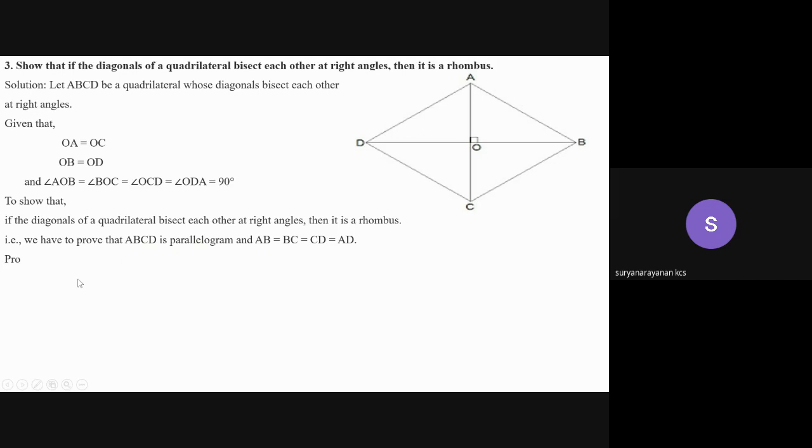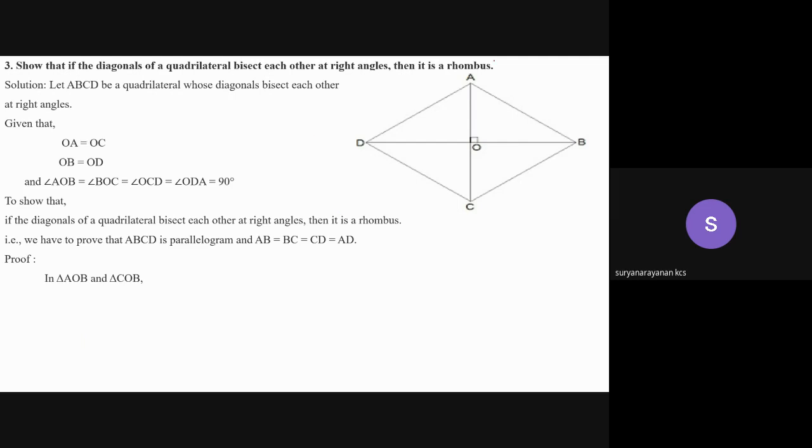Okay. Next, proof. Now let us take triangle AOB and triangle COB. In these two triangles, we compare the corresponding parts.